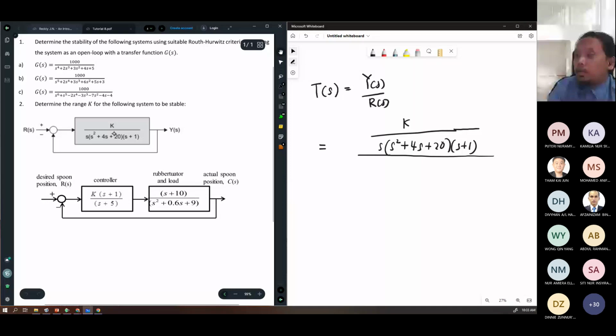Okay, so this is negative here, so you have to divide by 1 plus, okay. H is 1, so the feedback transfer function is 1. So you just divide by this value.